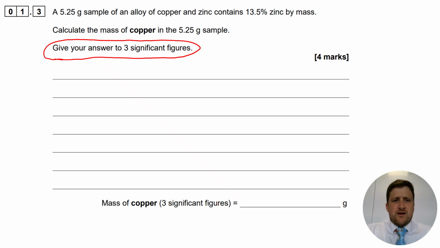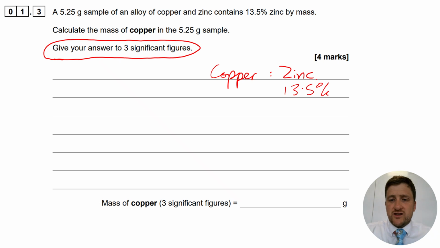So a 5.25 gram sample of alloy of copper and zinc contains 13.5% of zinc by mass. Now, this is not going to be perfect, but if I know that my alloy is copper and zinc, and I know that 13.5% of it is zinc, I can work out how much copper that is. Okay, that's sort of useful.